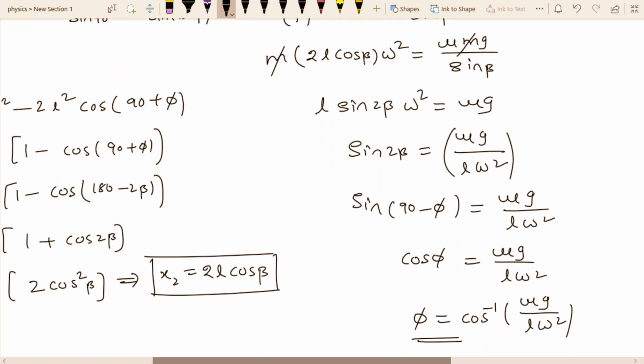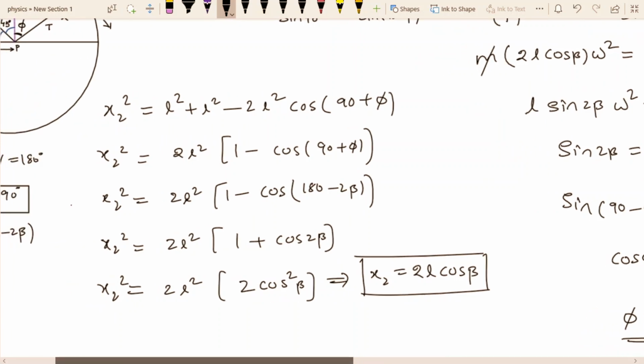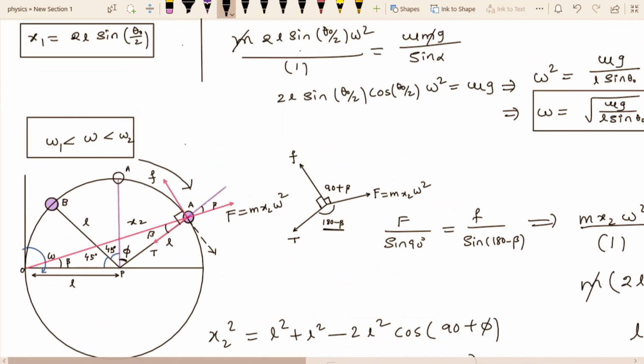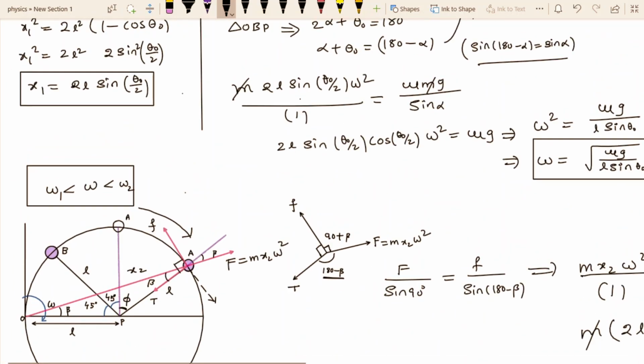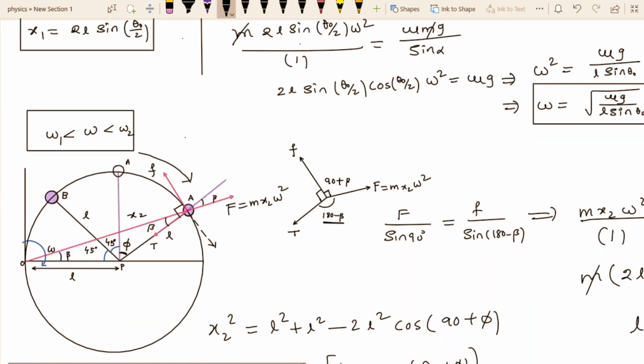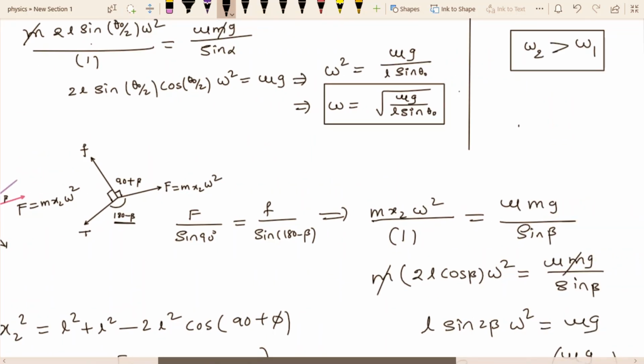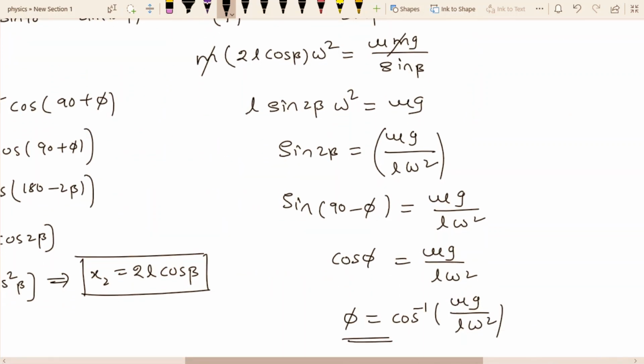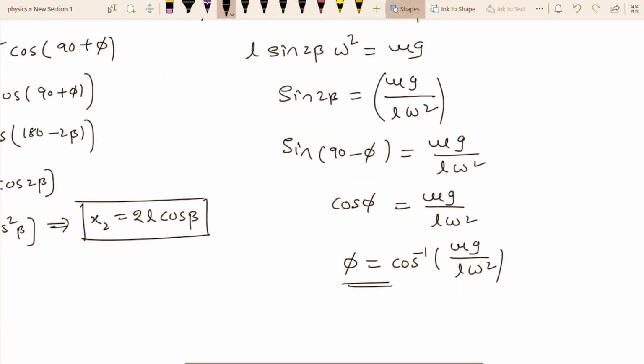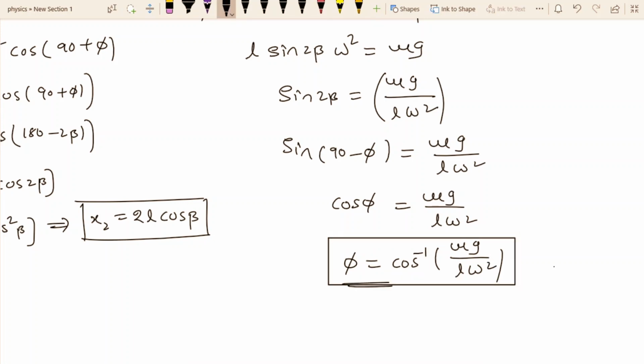That means whenever the angular speed lies between omega 1 and omega 2, the angle made by the disk A with the vertical, that angle phi, is given by this value, cos inverse of mu g divided by L into omega square.